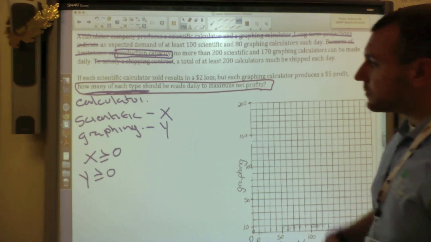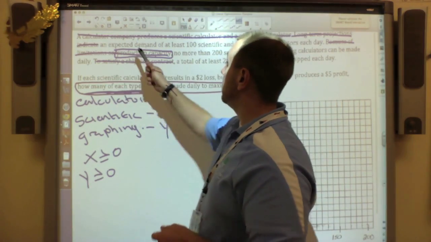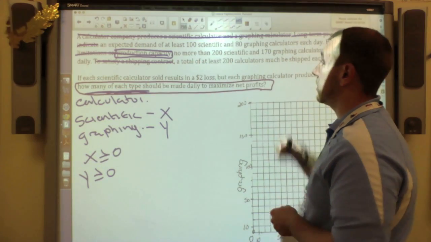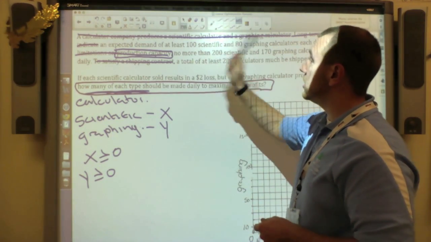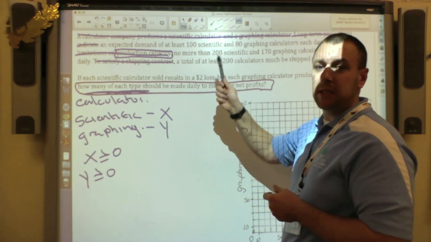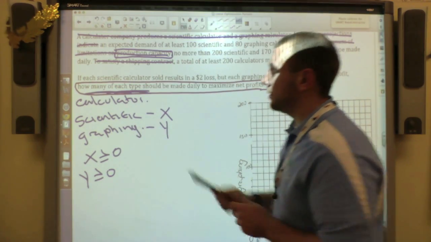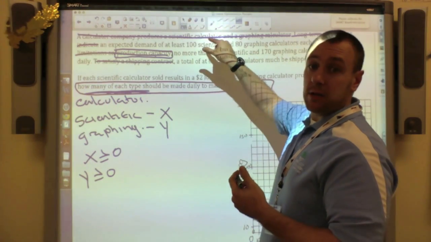Now we read the sentences again. An expected demand of at least 100 scientific. Every time you see that word scientific, X. So X has to be at least 100.